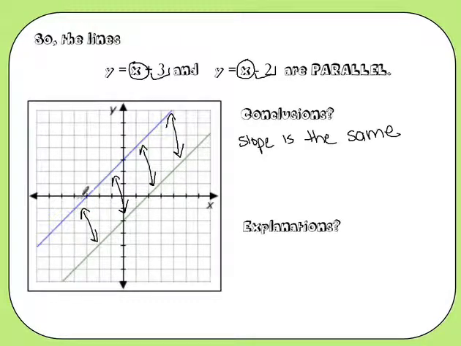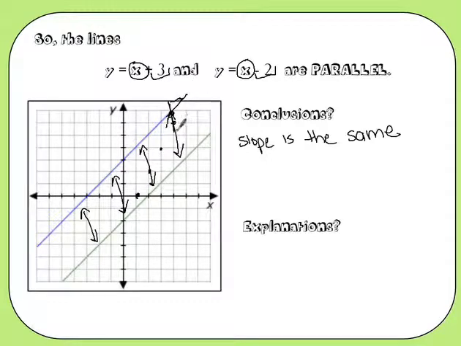So if this one goes up 1 over 1, to maintain that same distance, this line also has to go up 1 over 1, and then the 2 points would stay the exact same distance apart. Whereas if I change the slope, let's say this one went up 2 over 1, up 2 over 1, notice that the lines would eventually intersect.